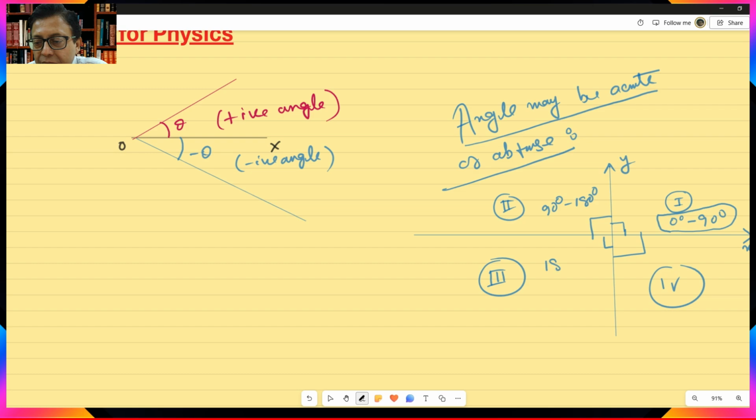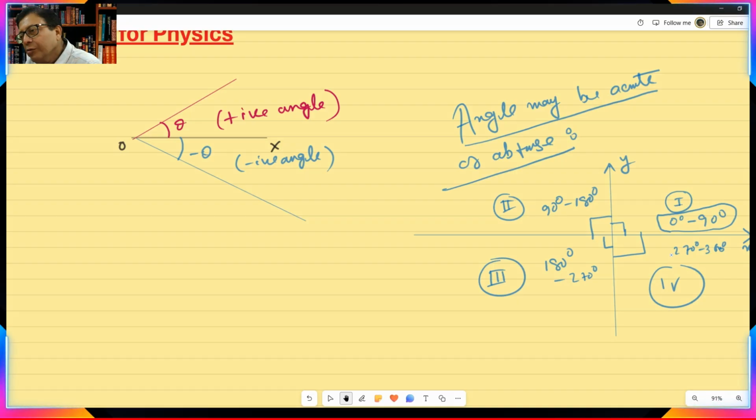Here and here 270 to 360 degree. Okay? Clear? If it goes from 0 to 90 degree, then it will be acute. Other angles are all obtuse angles.